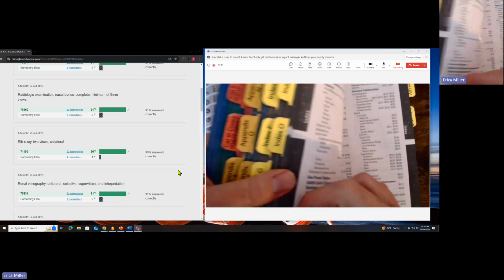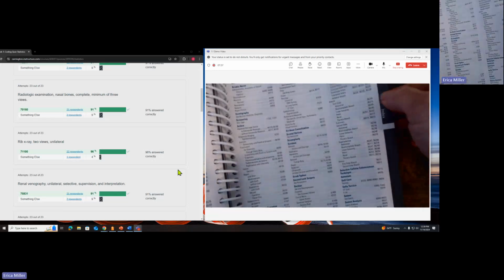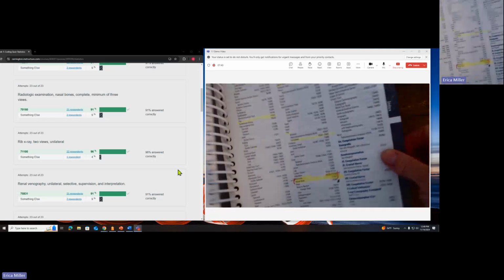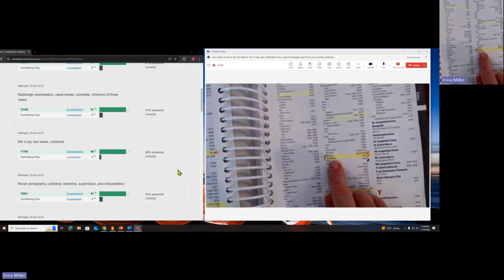So starting in your index, you can go over to X-ray, and then start looking for your anatomic site.